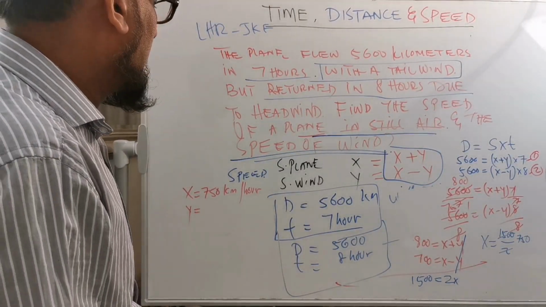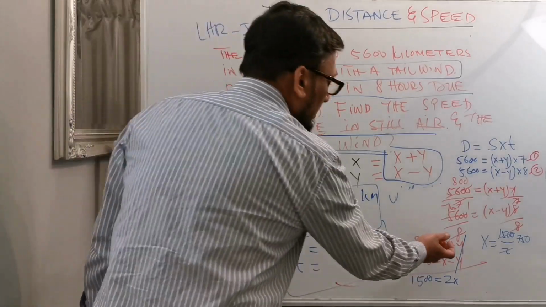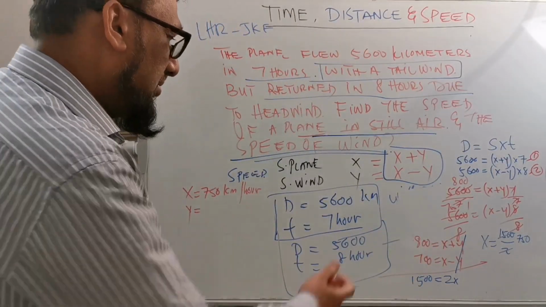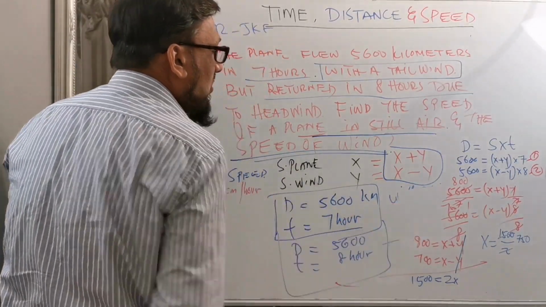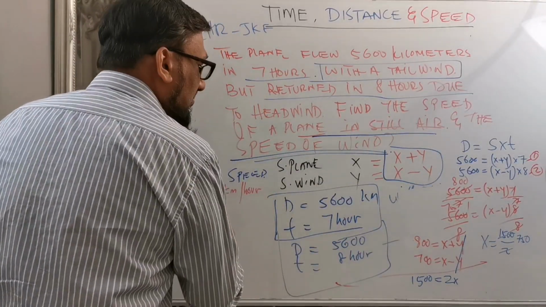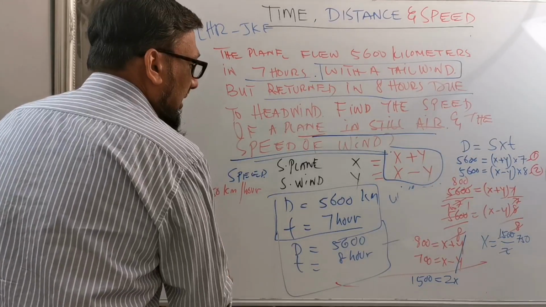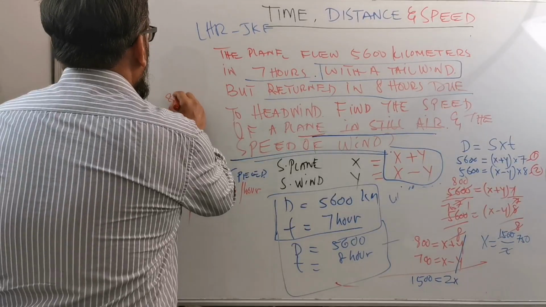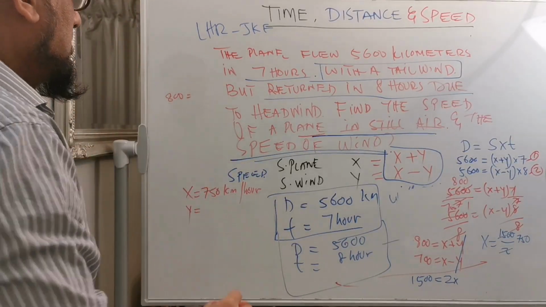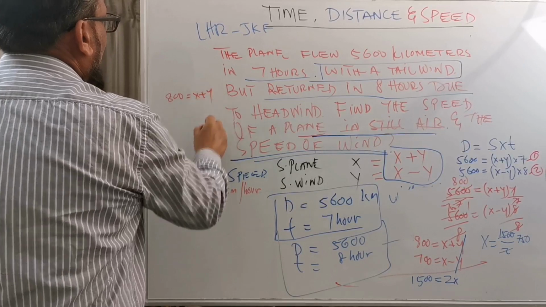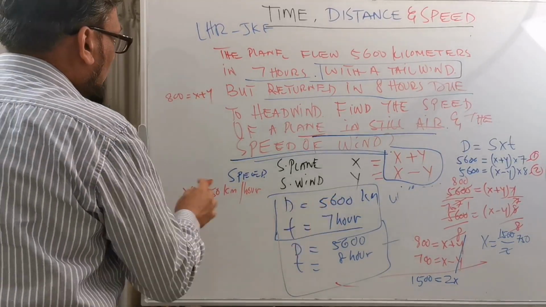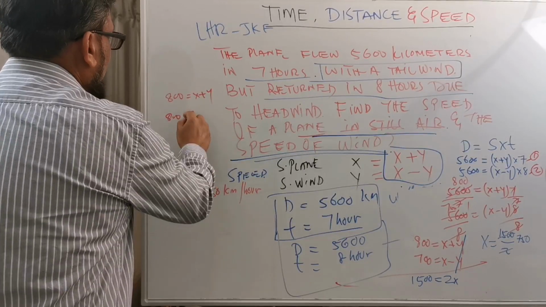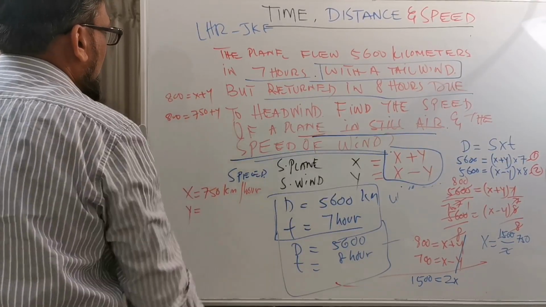If I put in equation number 3, so 800 equal to x plus y. So very simple. What we do? We need to do 800 equal to x plus y. So the value of x we just found, 750 plus y.